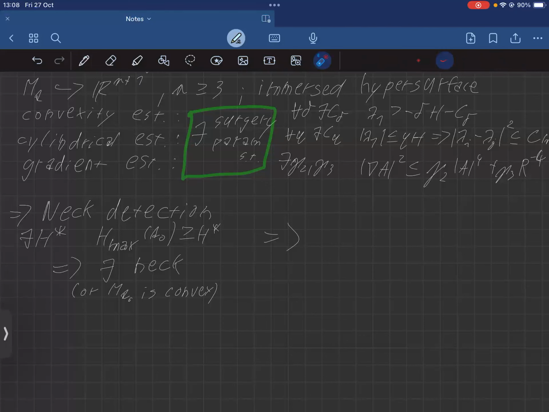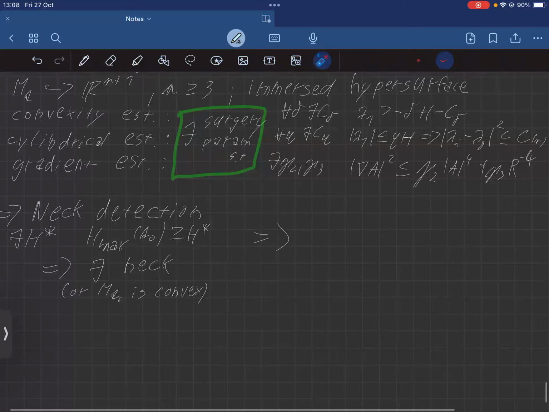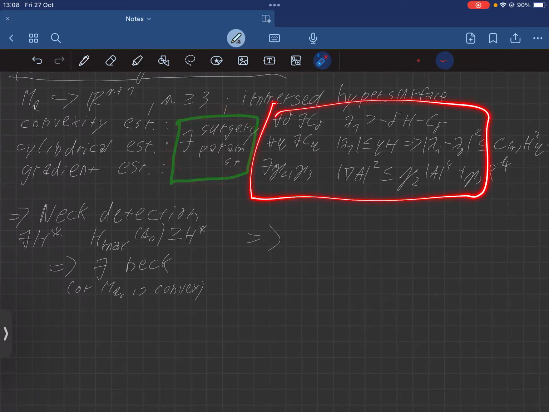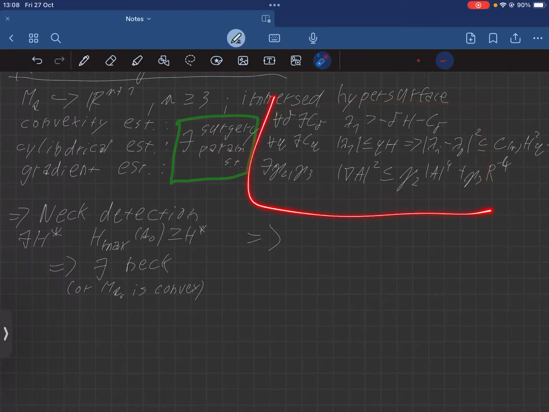Here I would like to emphasize that this is more delicate than it may seem, because we need some surgery parameters such that we prove the estimates. And with these estimates, we are proving the neck detection lemma that guarantees sufficiently nice necks that we can do our estimates after the surgery as well.